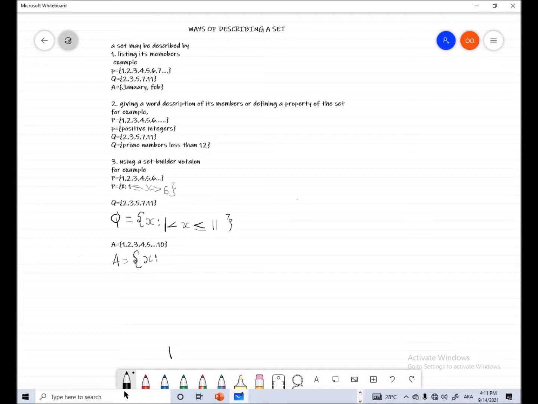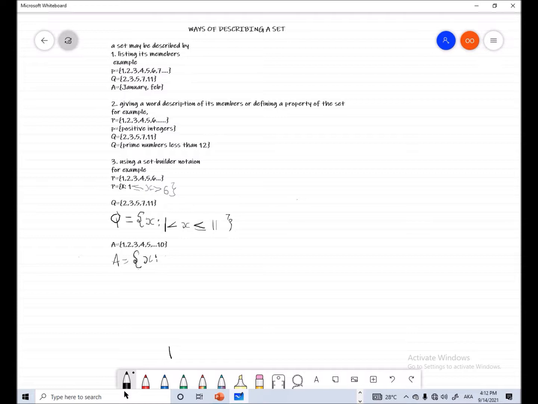Let's look at this. 1 is part, right? So if it's part, what do we bring? We bring less or equal to, right? Just because 1 is part, if we say it's less than 1, it means that 1 shouldn't be part. It means it should start from 2, because any number that is less than 1 should not be part.